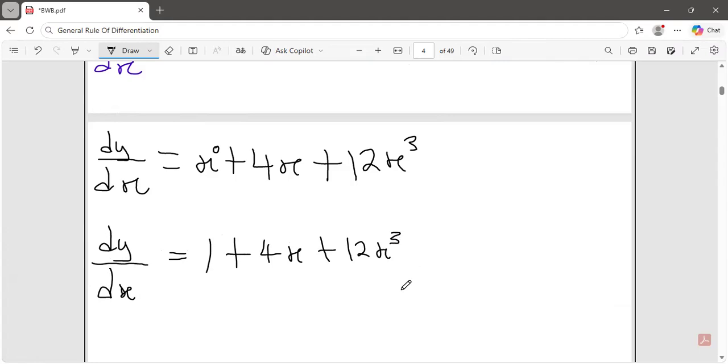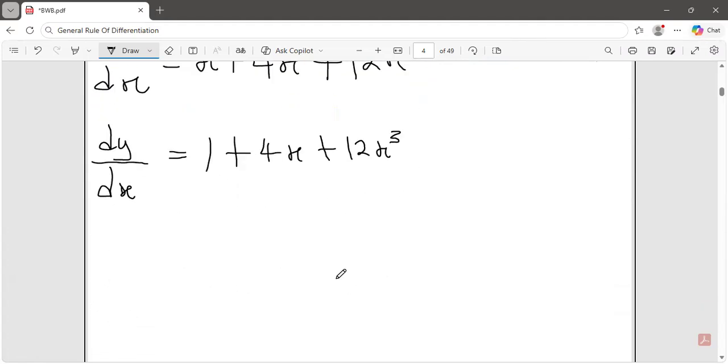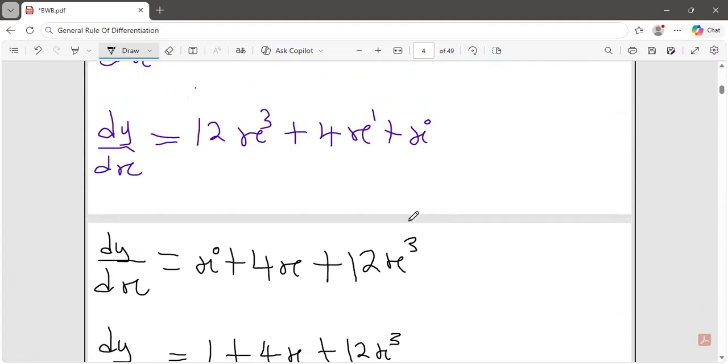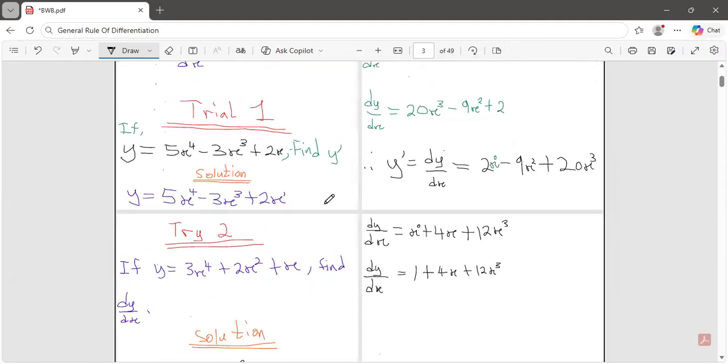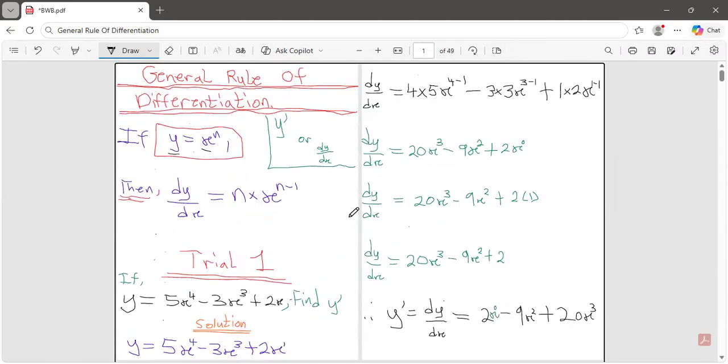This is how our final answer is going to look. So don't get confused. Just be flexible to make sure that you're on the right path. This is how we have been able to come so far.